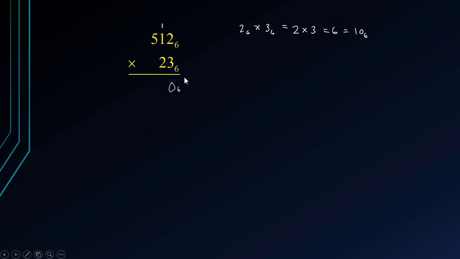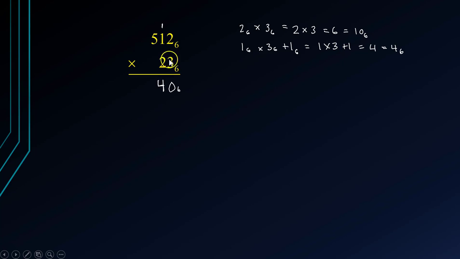So I'm going to write the 0 here and carry the 1. And so I'm going to now do the 1 times the 3 plus the 1. So 1 base 6 times 3 base 6 plus 1 base 6 is what I do next, which all these numbers are the same thing in base 10. And I end up with 4 in base 10. And 4 in base 10 and 4 in base 6 are the same thing. So I'll just put the 4 down here.